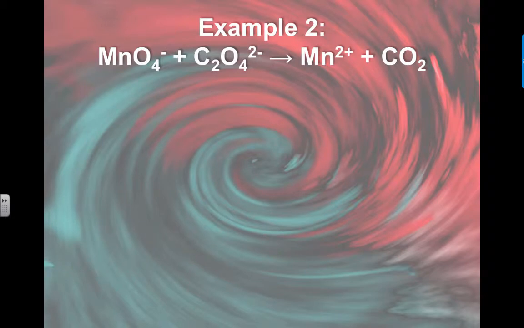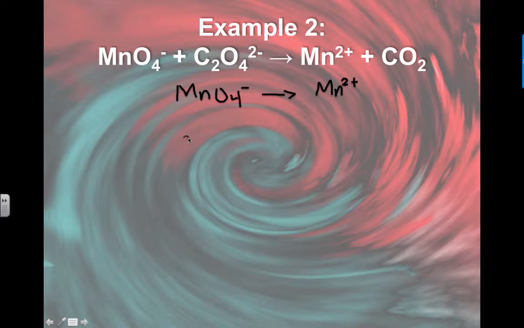In this example, I have permanganate reacting with oxalate to form manganese 2+ ions and carbon dioxide gas. So let's break this out into half reactions. We're going to keep track of what happens to manganese, first as permanganate, and then later as the manganese ion, the 2+ form.